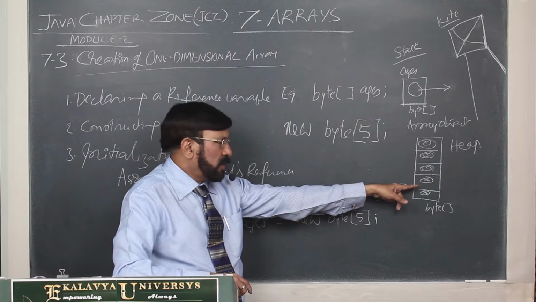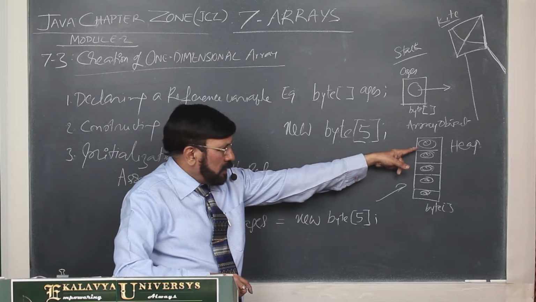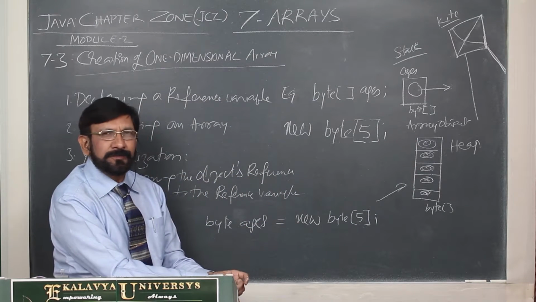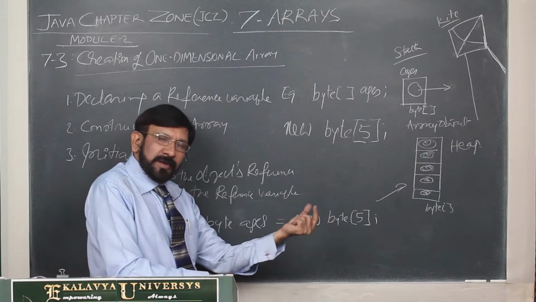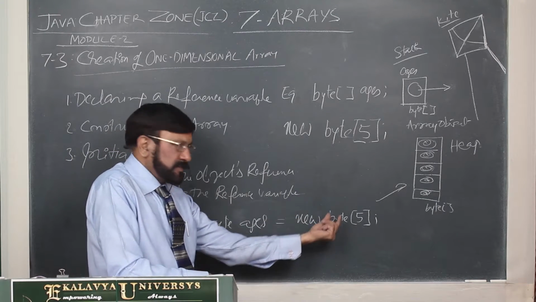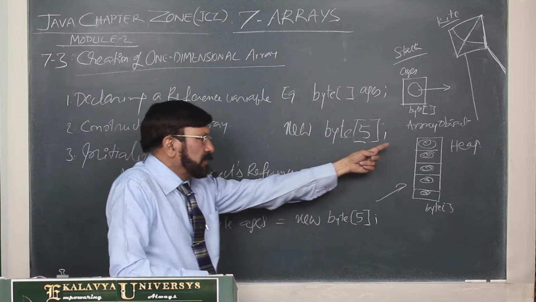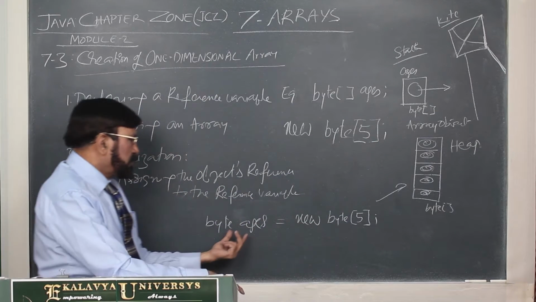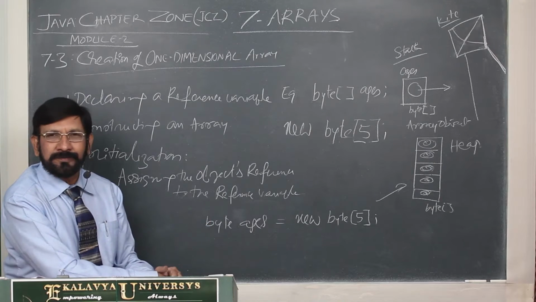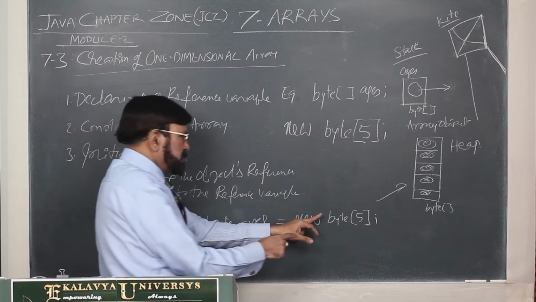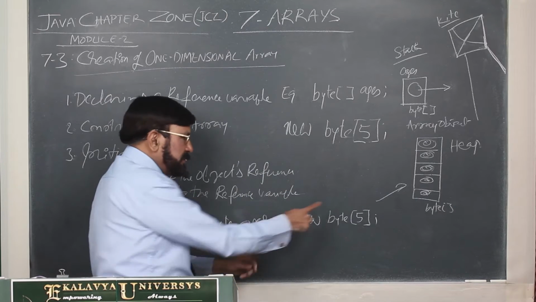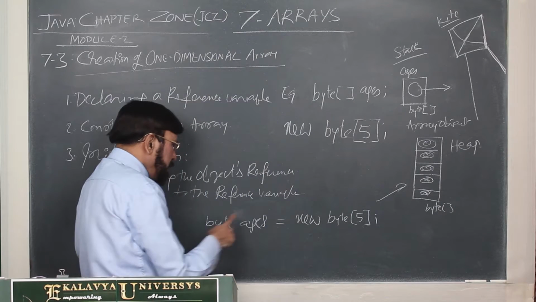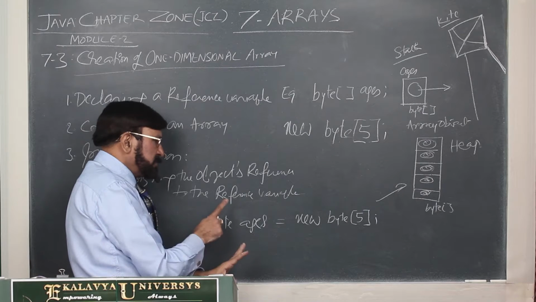So all elements are initialized with zeros. Thereafter, the third one is it assigns the reference of the object to the corresponding reference variable. Its reference you have to understand here as an address. The address of the array is assigned to the corresponding reference variable.